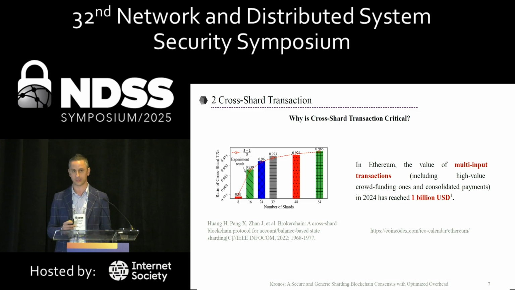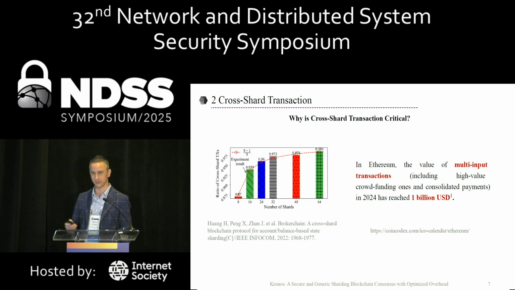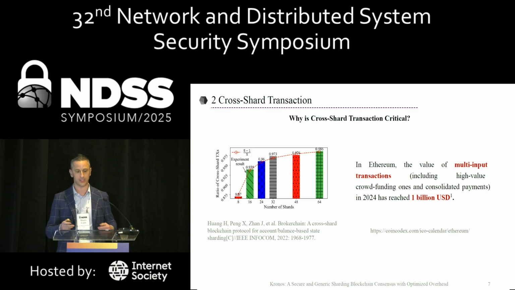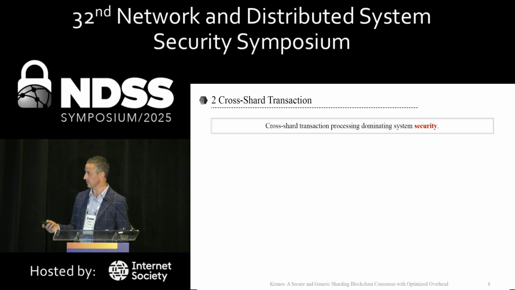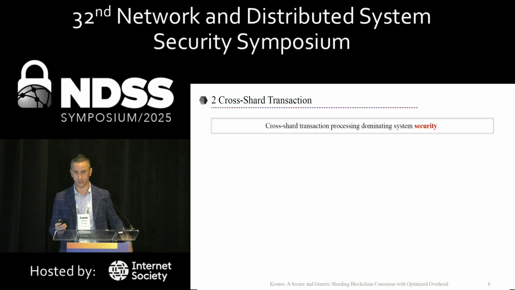And according to some simulation in this Infocom 2022 paper on the left part of the slide, as soon as we go beyond 16 shards in a blockchain, the number of inter-shard transactions goes easily above 90%. So we need to be careful about cross-shard transactions, mostly because of security and consistency.